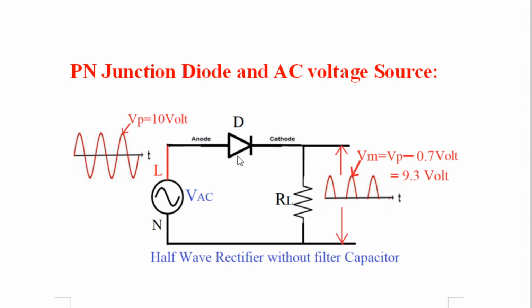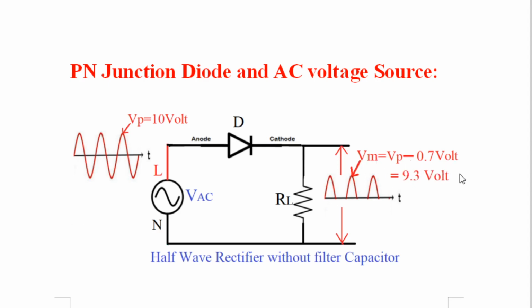So 10 volt equals voltage across diode plus voltage across RL, and voltage across RL is nothing but VM, meaning maximum voltage. Therefore, VM is given by the equation VM is equal to VP minus 0.7 volt.